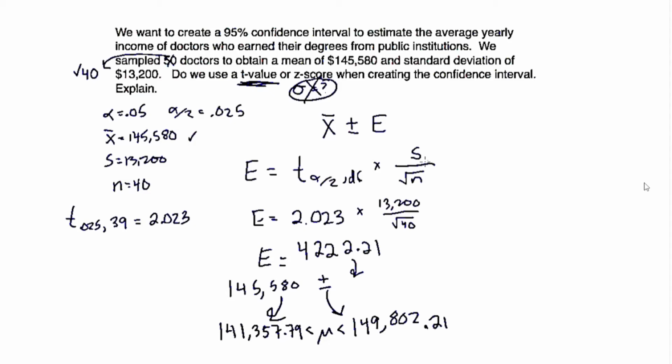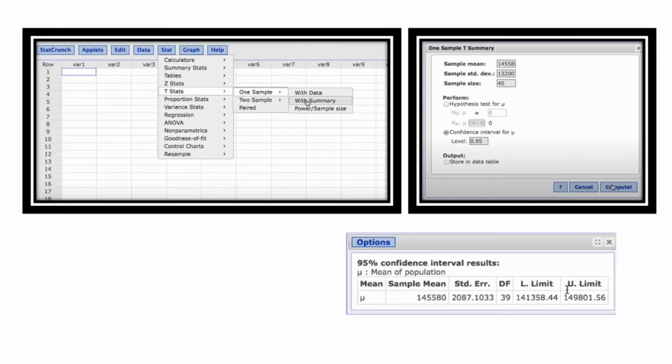We get a t value, and the only other difference is that the standard deviation here is the sample standard deviation and not the population standard deviation. Other than that, calculating the margin of error, adding that to our point estimate, and then writing our confidence interval are all basically identical.